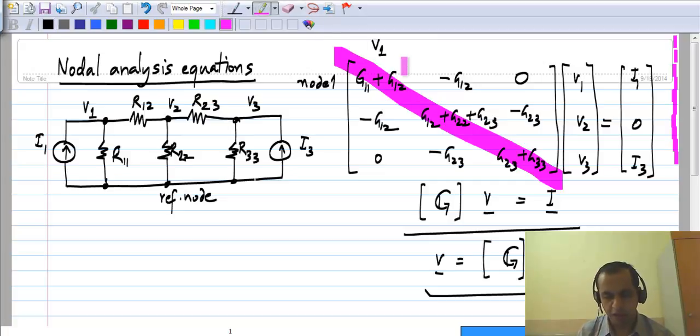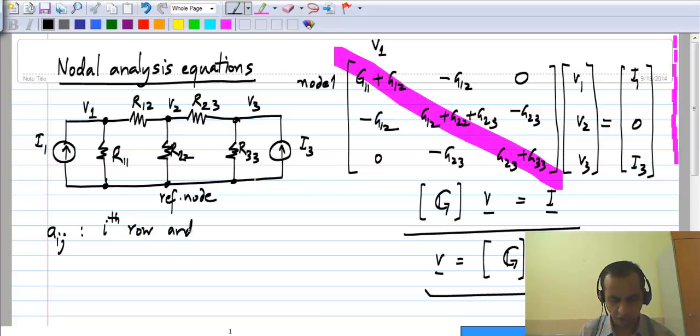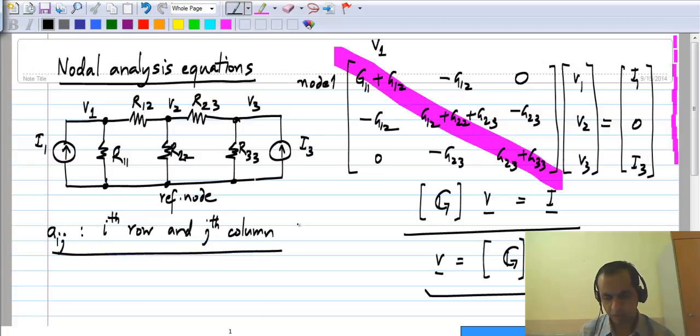Okay, if you look at the element A11 of the matrix, where I use the standard notation, Aij corresponds to ith row and jth column, we have G11 plus G12. Okay, similarly, if you look at A22, that is second row and second column, we have G12 plus G22 plus G23, and finally A33 is G23 plus G33.